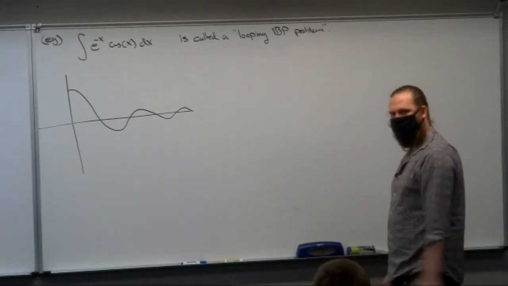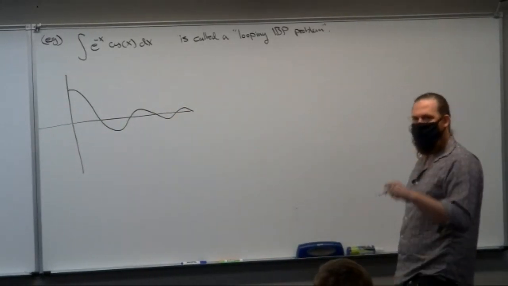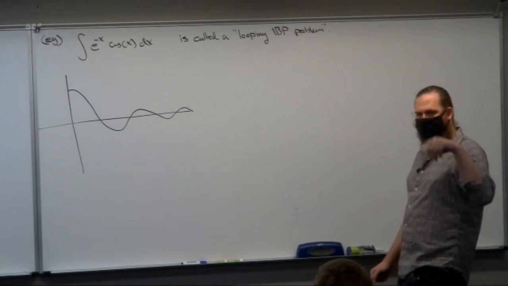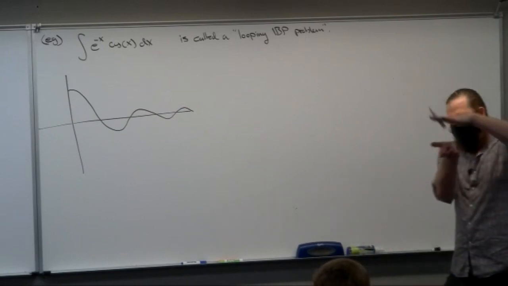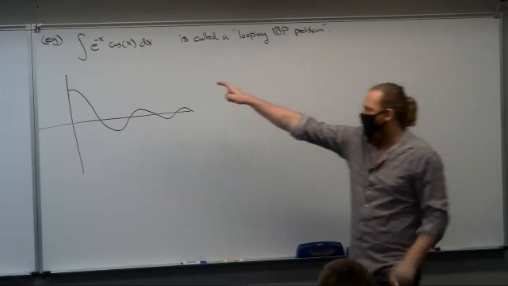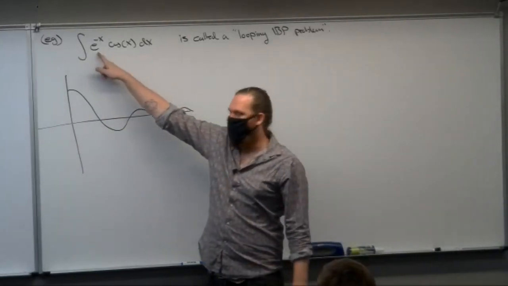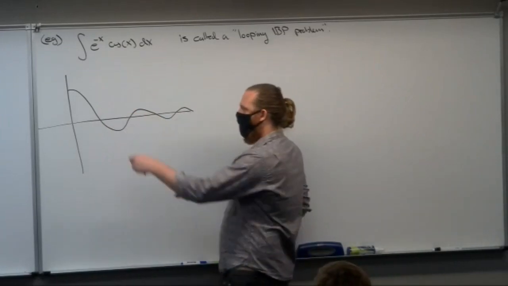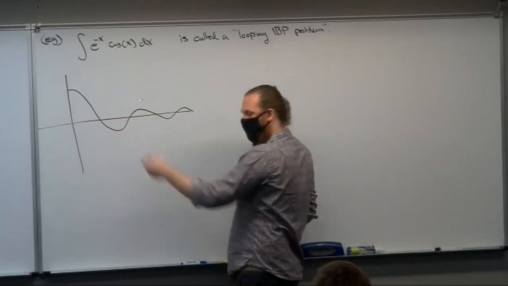The e to the negative x wants to go to 0. The cosine just wants to oscillate from -1 to 1. So if you take something that's bouncing back and forth from -1 to 1 and you keep squishing it down by multiplying by this rapidly decaying exponential, you get a curve that looks like this, which is your damped harmonic oscillator, right? Here's your pendulum swinging just less and less each time.